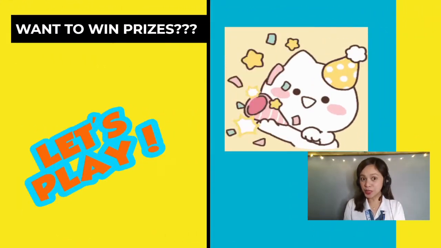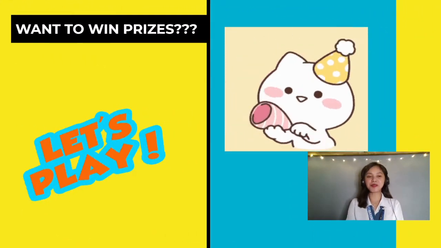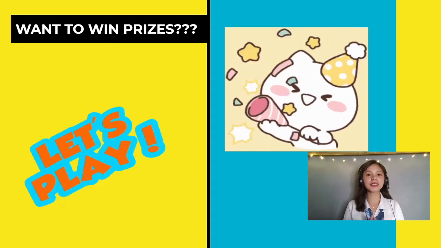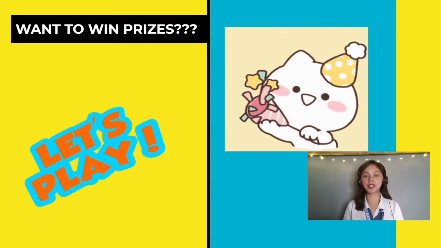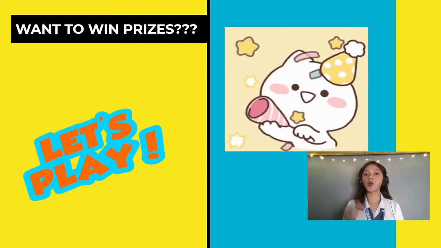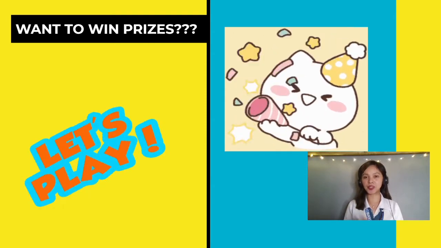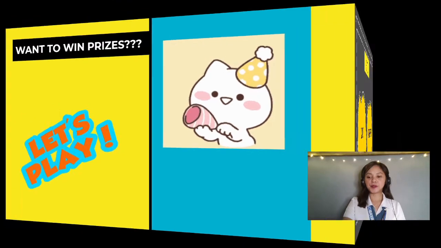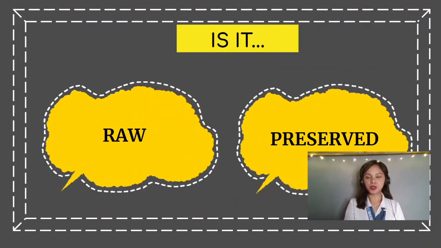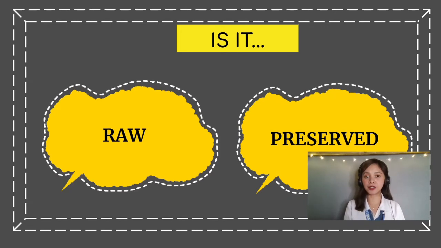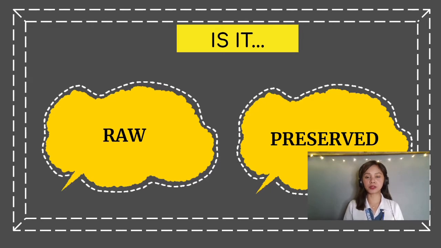Do you want to win prizes? Yes, of course. If you want to win prizes, let us play. I have prepared a game for you and I call it What Am I? I'm going to show you pictures and you're going to identify them from raw to preserved. If you want to answer after I show a picture, just raise your hand.